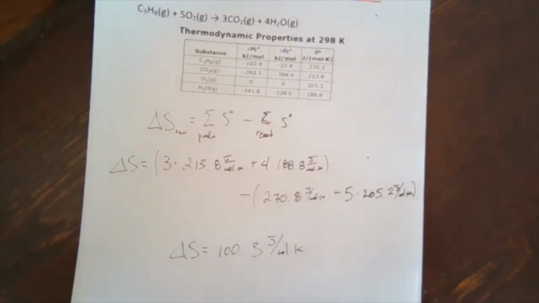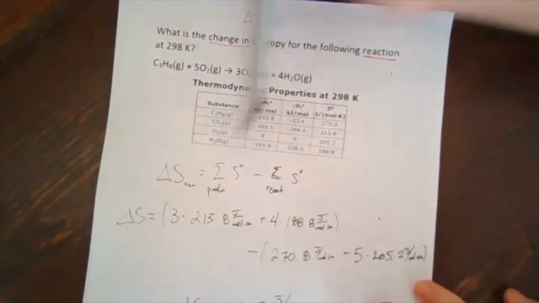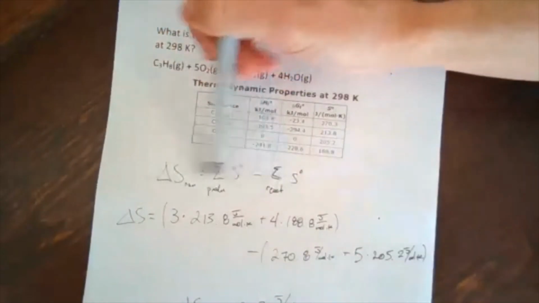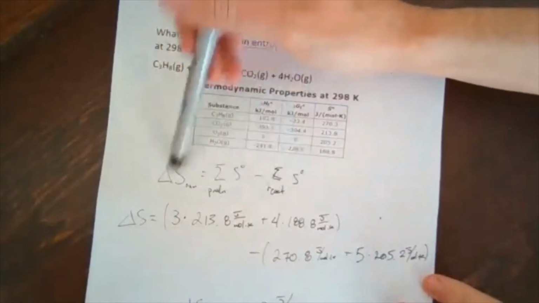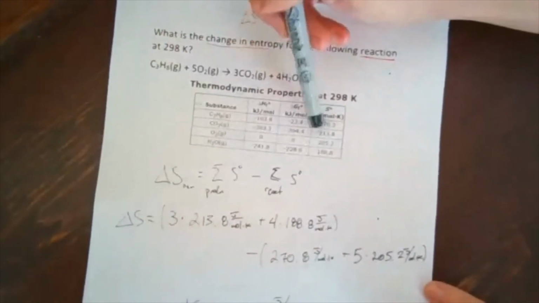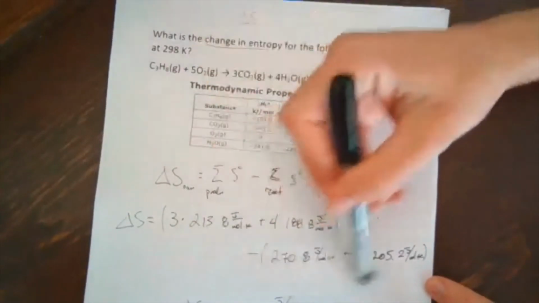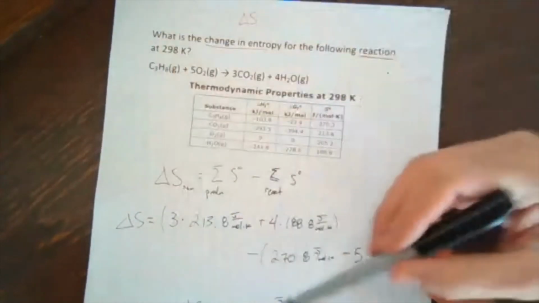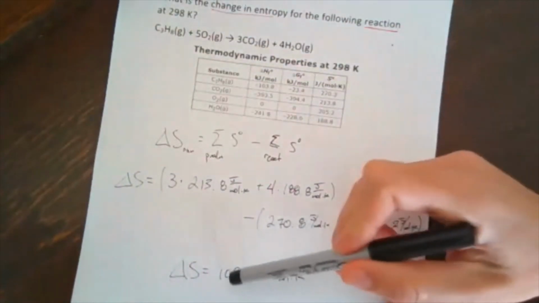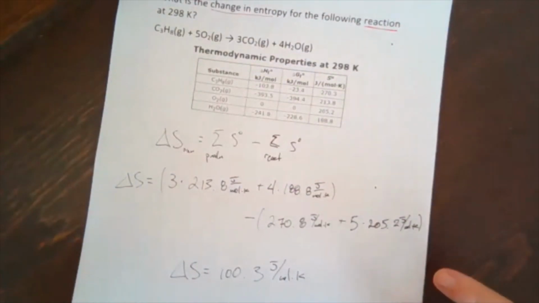And so if we are given a chemical equation, this is our generic equation for how to calculate delta S of the overall reaction. We need to look up the specific values for the different reactants and products and plug all of them in and combine to get our information for the overall reaction that we have right there.